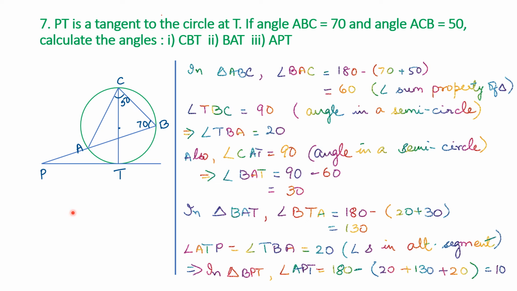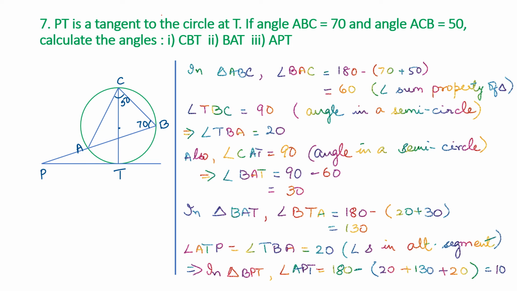The last sum that I have taken today: here we have PT, a tangent to the circle at the point P. And in this circle, we have angle ABC equal to 70 degrees, and angle ACB equal to 50 degrees. We have to find out three angles: angle CBT over here, angle BAT, and the small angle over here.